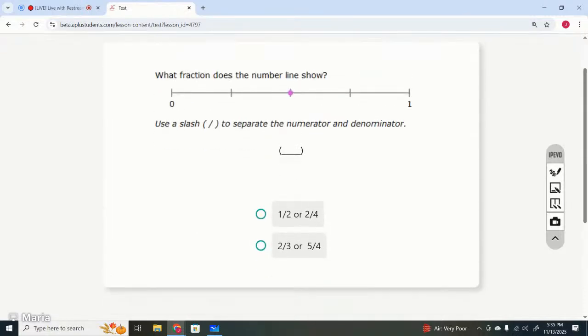What fraction does the number line show? That is 1 by 2 or 2 by 4.